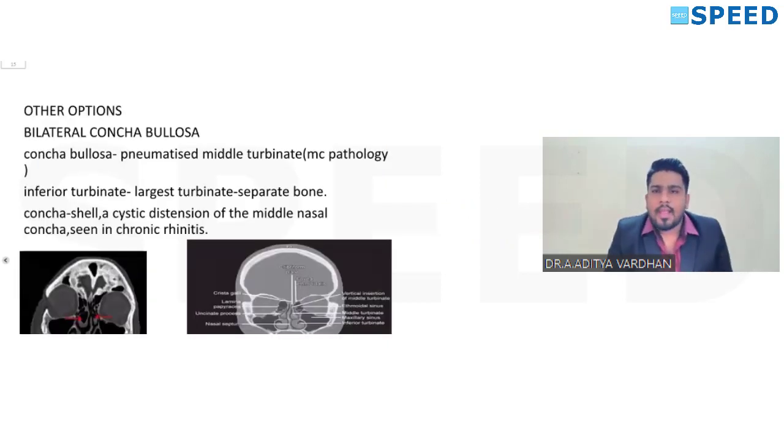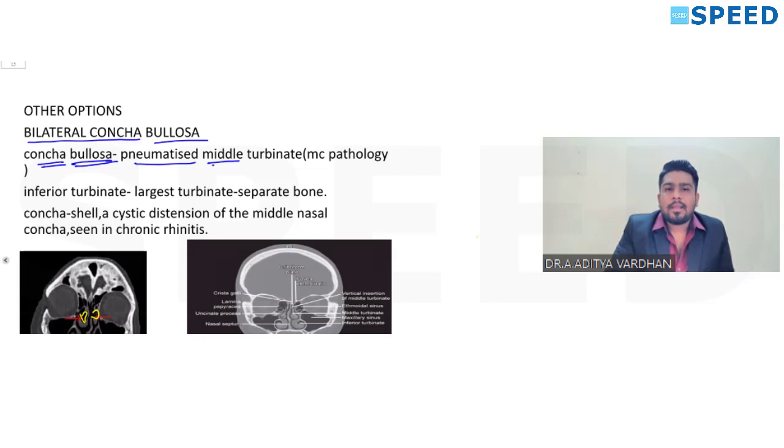Other options. We had concha bullosa, right? And here I am presenting you an image where you are able to see the same coronal CT scan looking at the paranasal sinus, and this is how bilateral concha bullosa appears. First point you should know is concha bullosa is a pneumatized middle turbinate.